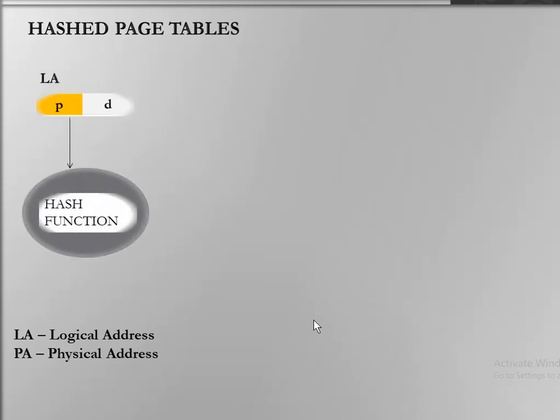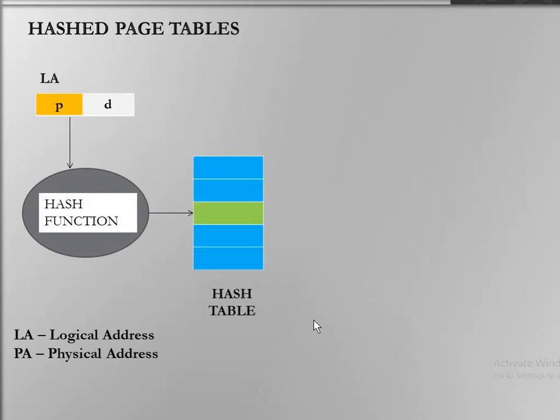See, this is the logical address. By using the hash function, you generate the hash table entry or index, and this is the linked list format. Next you search for that key in this linked list. Is it present?